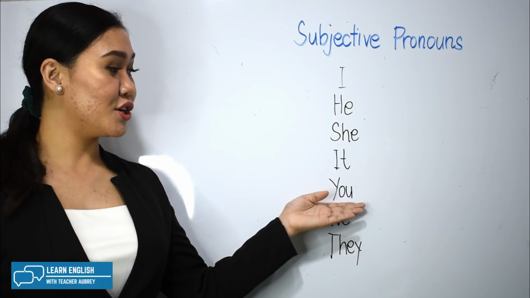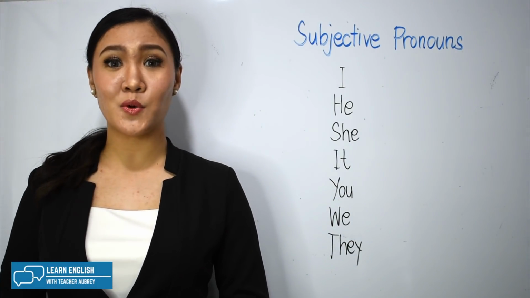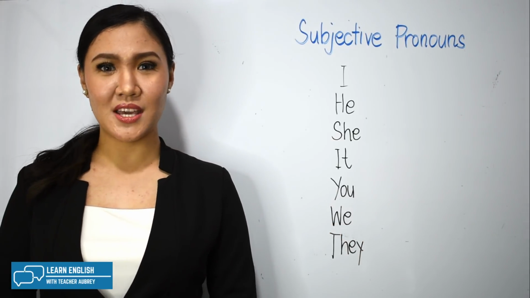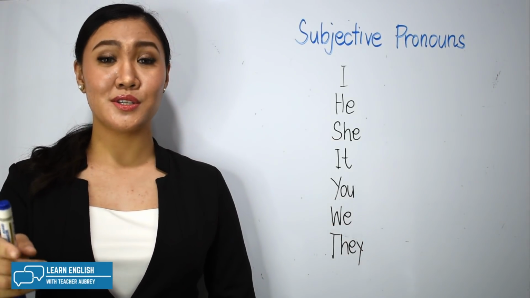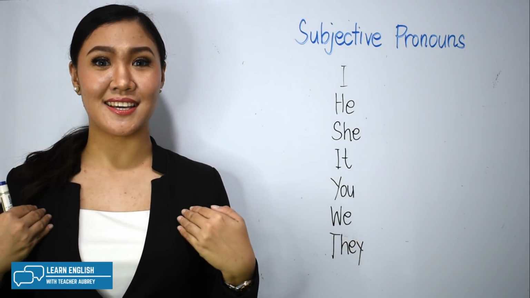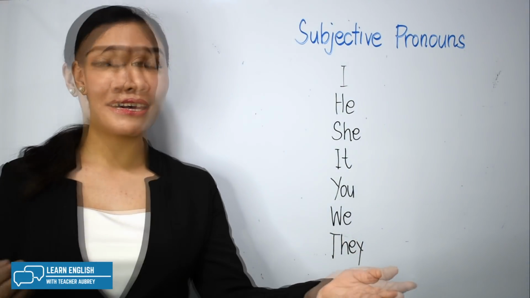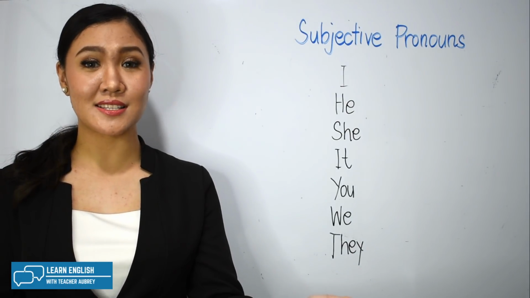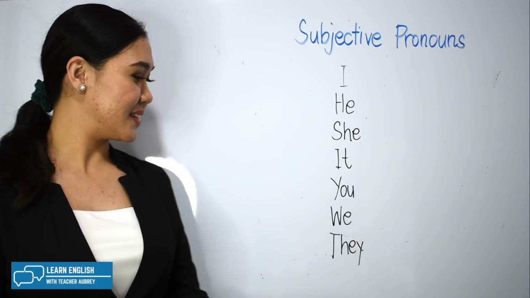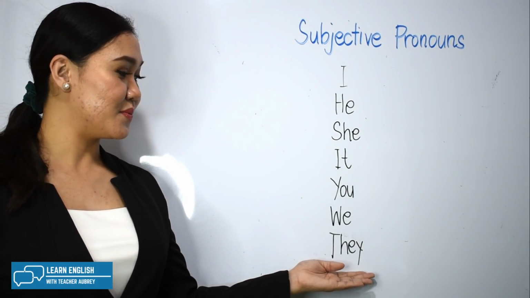Next is you. You is someone you are talking to. We. We is you together with me. I belong to it. We is you, he, she, or it together with me. And lastly, they.